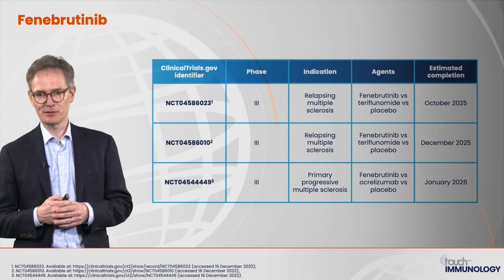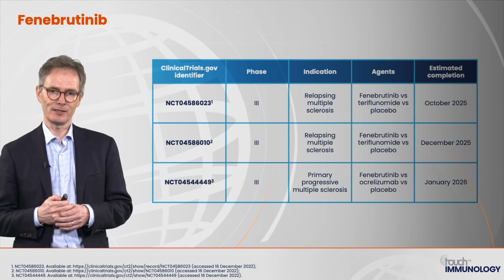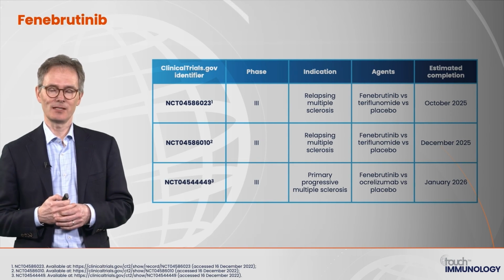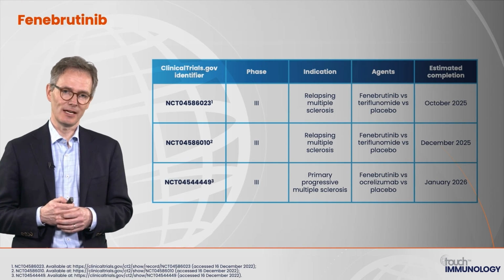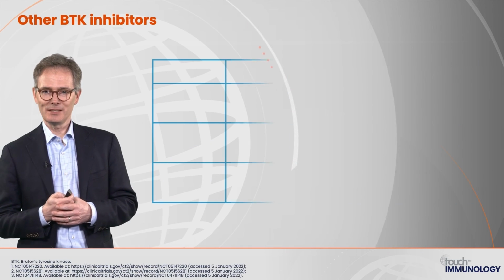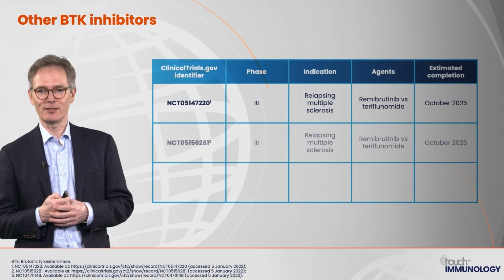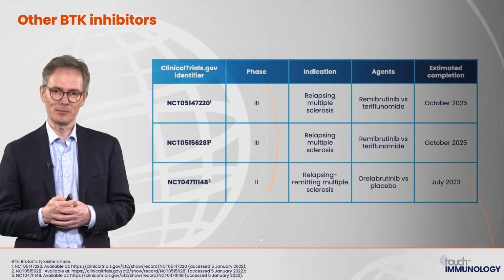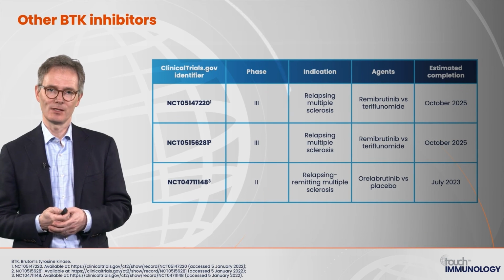And the BTK inhibitors might play an important role because they could target, theoretically, the compartmentalized inflammation in the brain, affecting the innate immune cells and the adaptive immune cells in the CNS. So other BTK inhibitors that are tested are remibrutinib, that's tested versus teriflunomide, and orelabrutinib against placebo in a phase 2 trial, all in relapsing remitting MS.